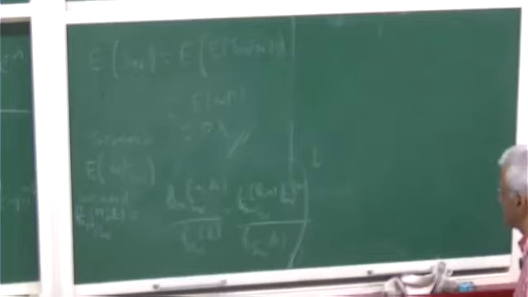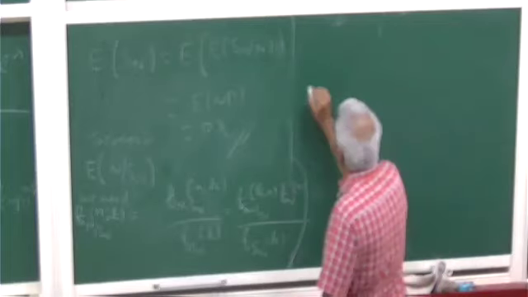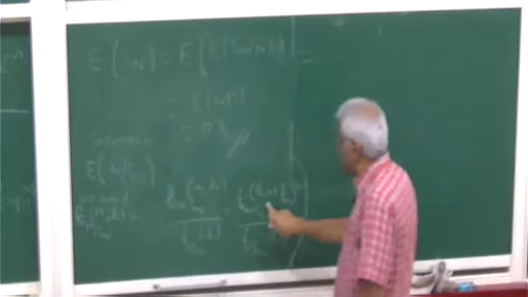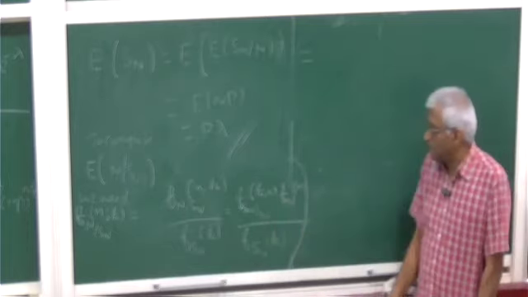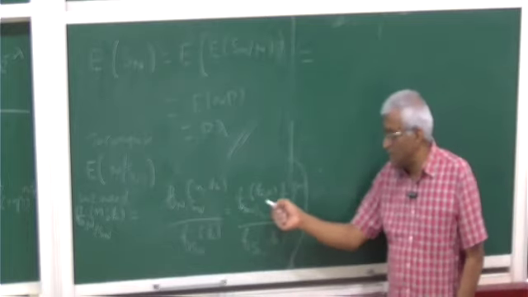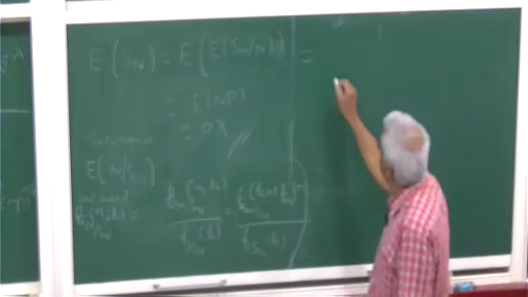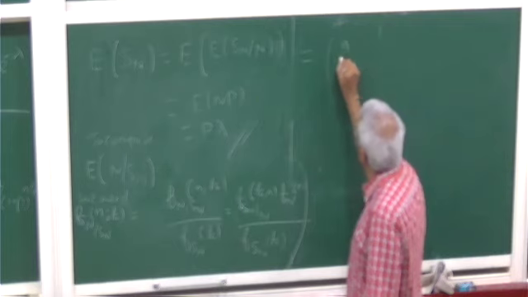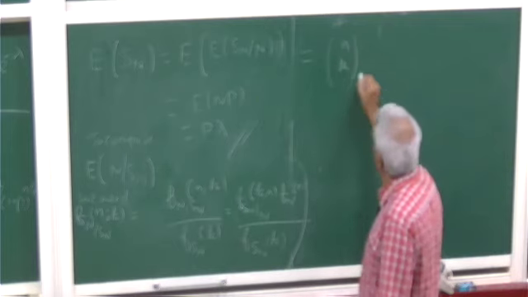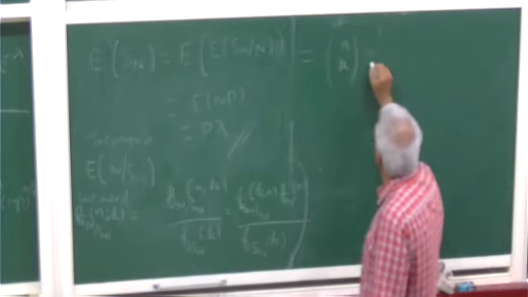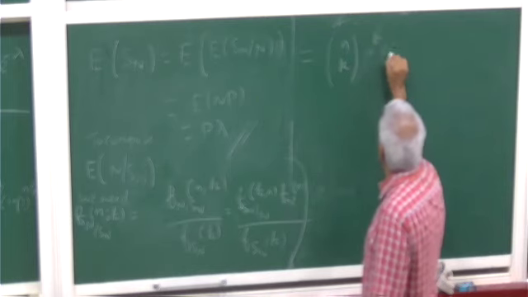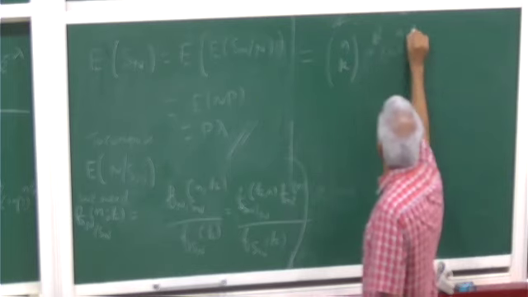That's right. That is just binomial. Anyway, I'll just write it. Now this is equal to, first, this is just by a binomial, right? So this is just n choose k, p power k, 1 minus p power n minus k.